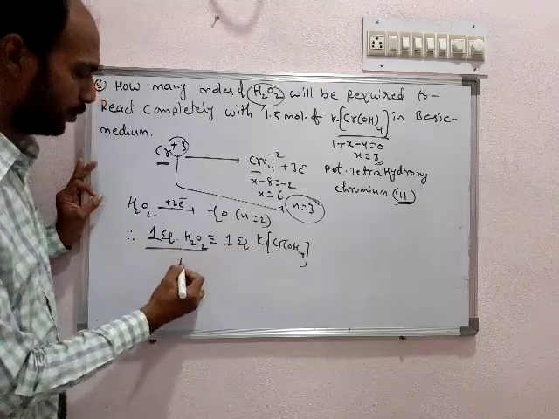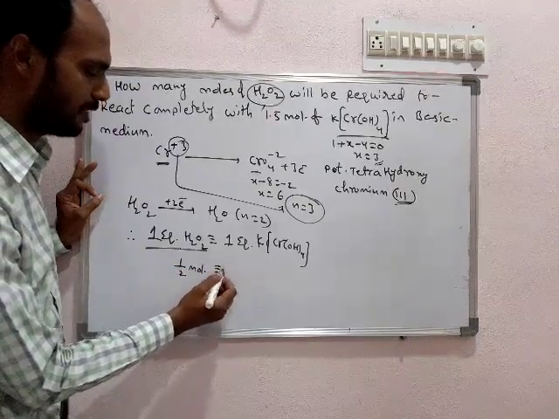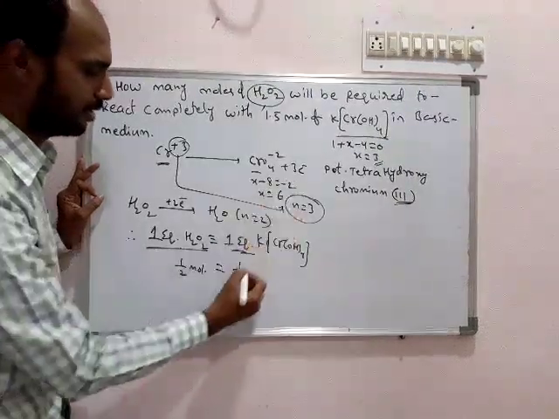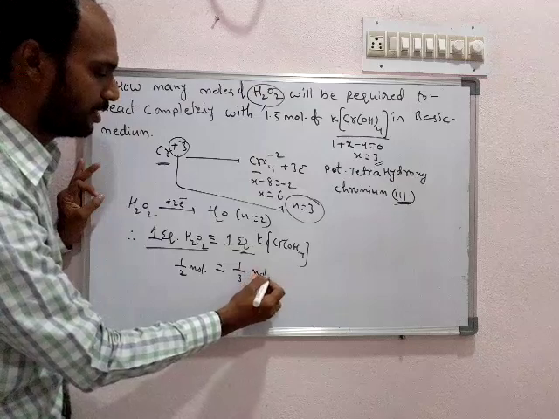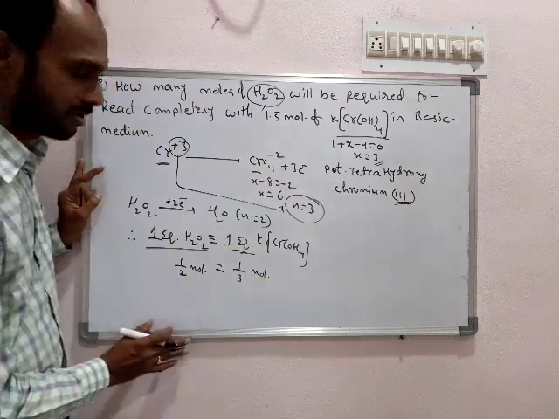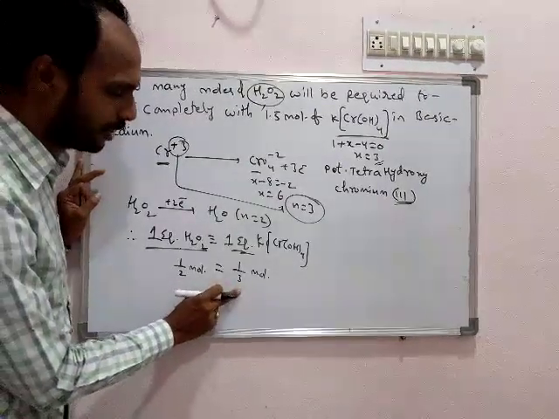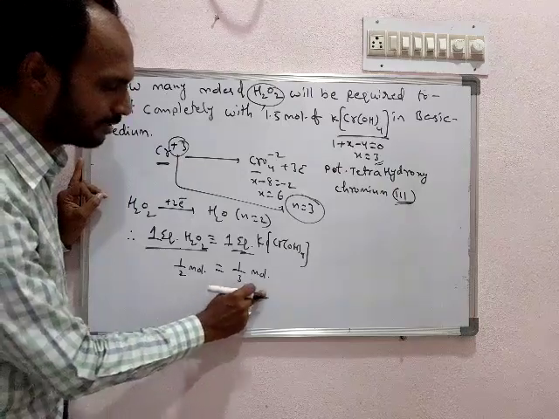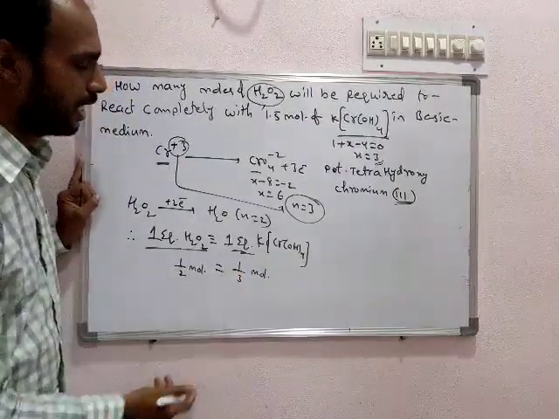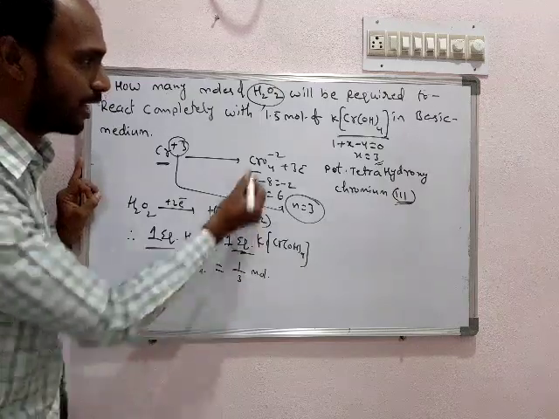So 1 by 2 mole of hydrogen peroxide is required for 1 by 3 mole of the complex. So 1 by 3 needs 1 by 2 moles of hydrogen peroxide. So what about 1.5?